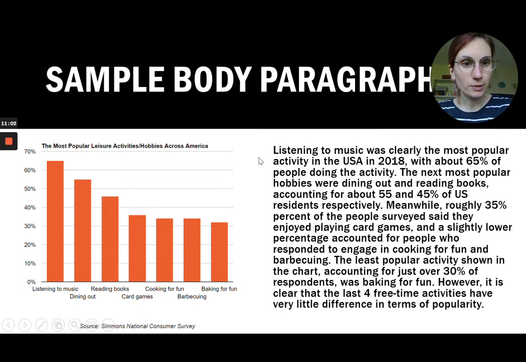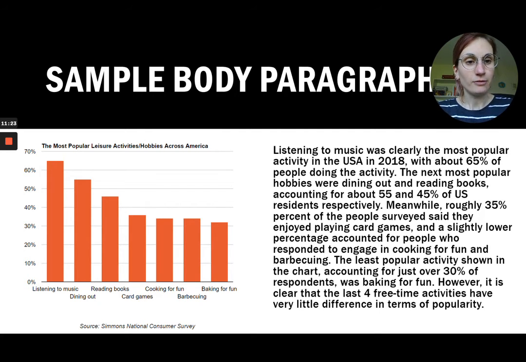Listening to music was clearly the most popular activity in the USA in 2018, with about 65% of people doing the activity. The next most popular hobbies were dining out and reading books, accounting for about 55 and 45% of US residents, respectively.